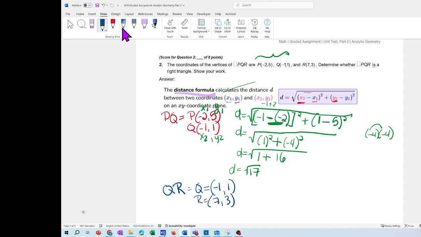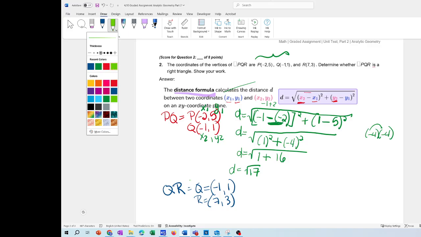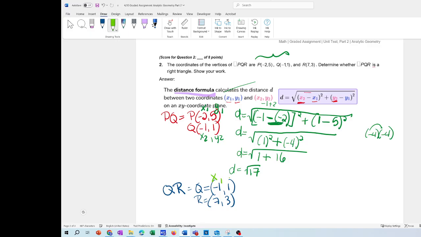Same thing, establish your point 1, Q x1, y1, and then 7, 3 x2, y2. And you're going to do the same thing. You're going to substitute in your equation. Just be careful if they're negatives. Make sure you respect those negatives.